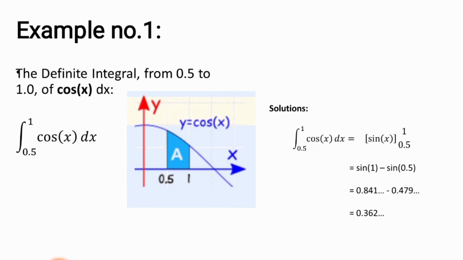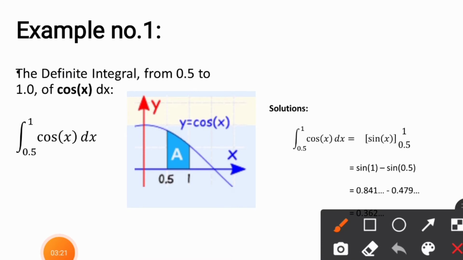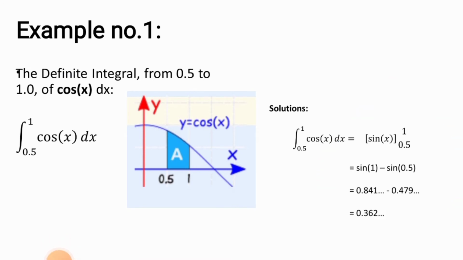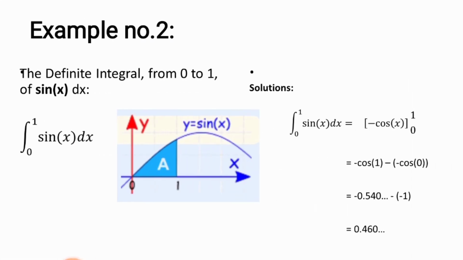The integral from 0.5 to 1 of cos x dx comes out to this. Then the final answer will be 0.362.